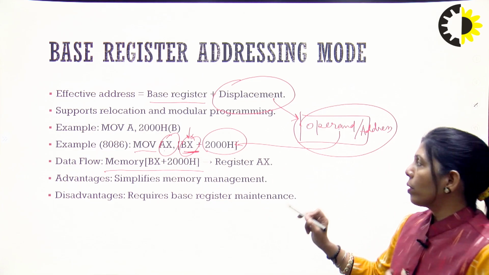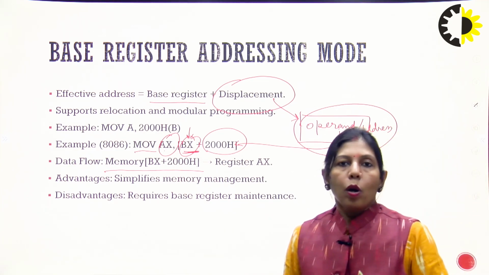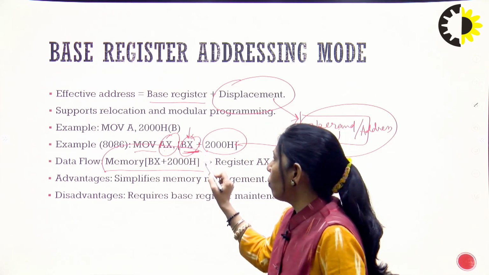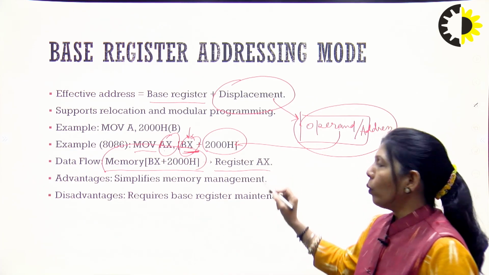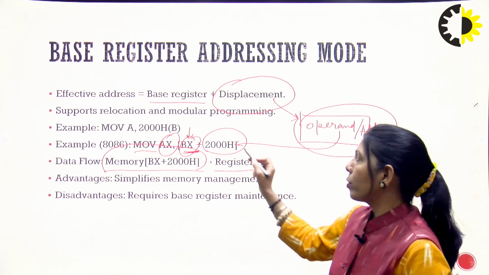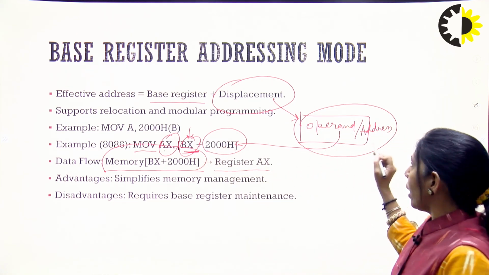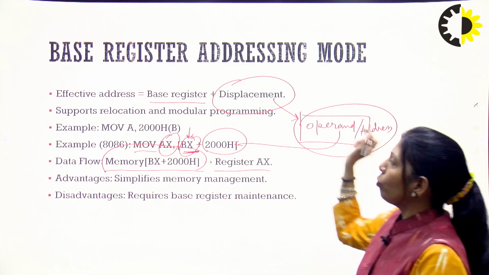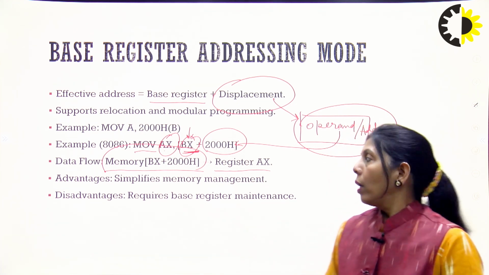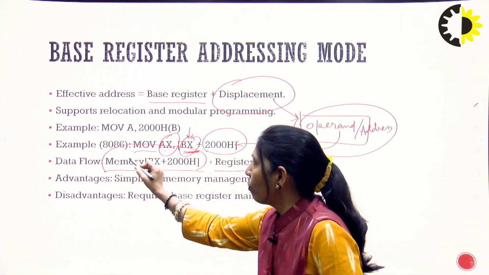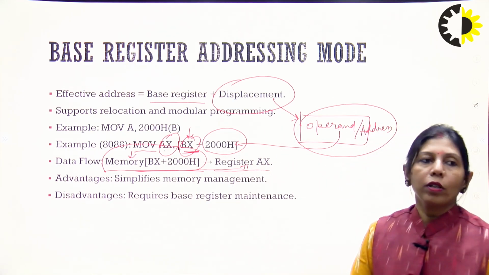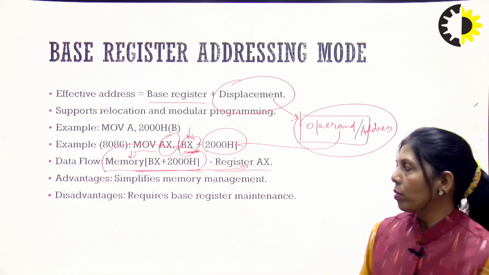It will help us get the effective address, and from this effective address we can calculate a value, and that value will be moved to the register AX. Simply, it adds the operand or address value to the value of the base register, and from there we get the address of the memory location, and this memory location will help us get the value that has to be moved to register AX.